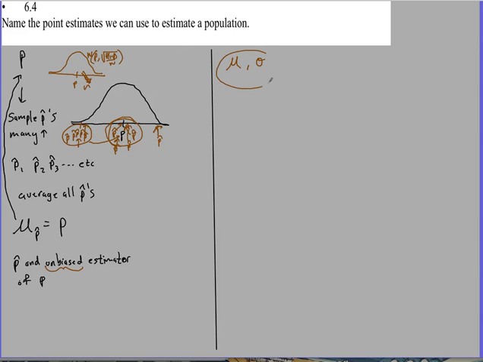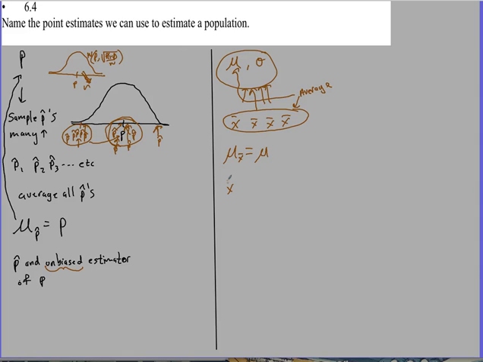So this is my population, and I start sampling, you're going to get an x bar, and another x bar, and another x bar. If you take the average of all your x bars, we call it mu of x bar. Now, if it's an unbiased estimator, the average of all these x bars should equal the population average.